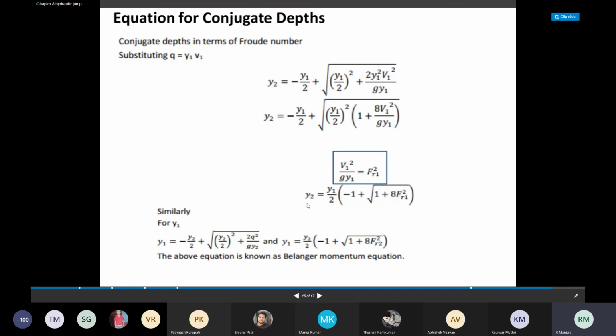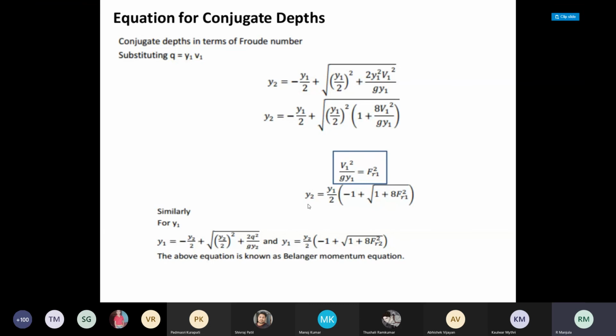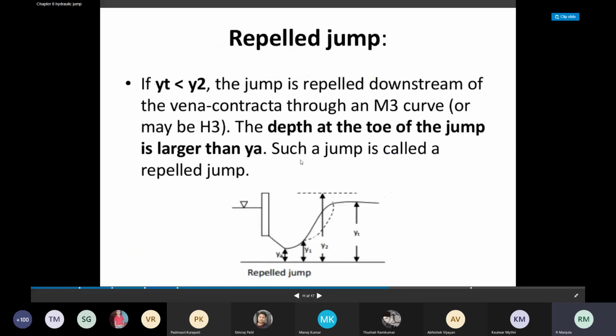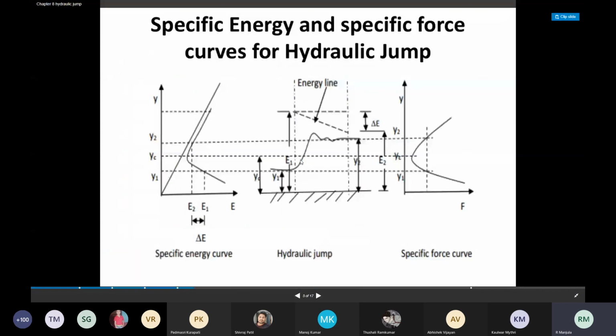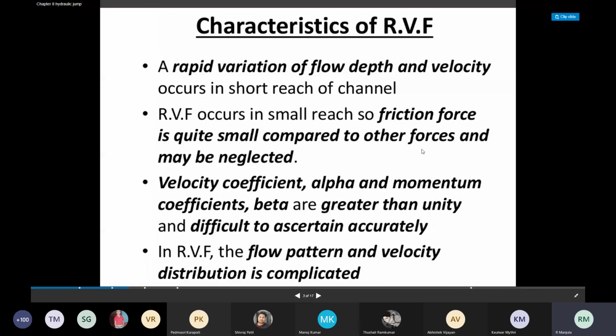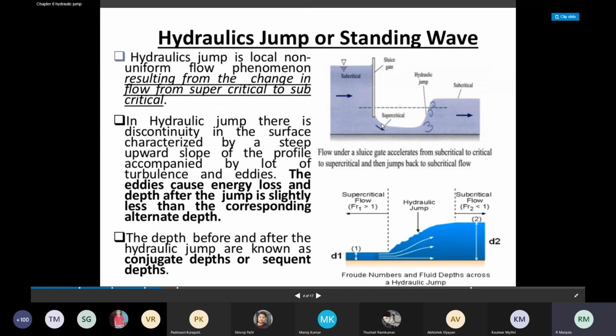So I'm closing here. Any doubts in hydraulic jump? A hydraulic jump is formed when the flow changes from supercritical flow to subcritical flow. Earlier it is subcritical, then it comes to supercritical and then subcritical.